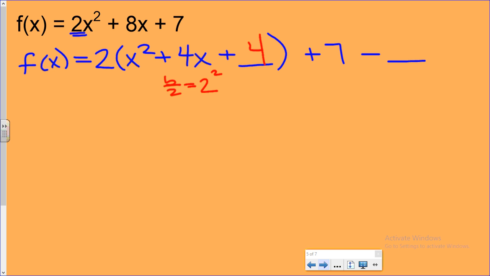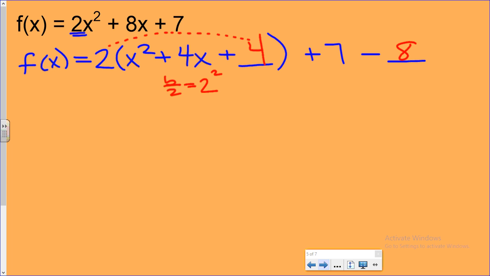Here's where you need to be careful. Are we really adding 4 to this equation? Why not, Caleb? Yes. This 4 is in the parentheses, which means it is getting multiplied by 2. So we are really adding 8 to that equation.